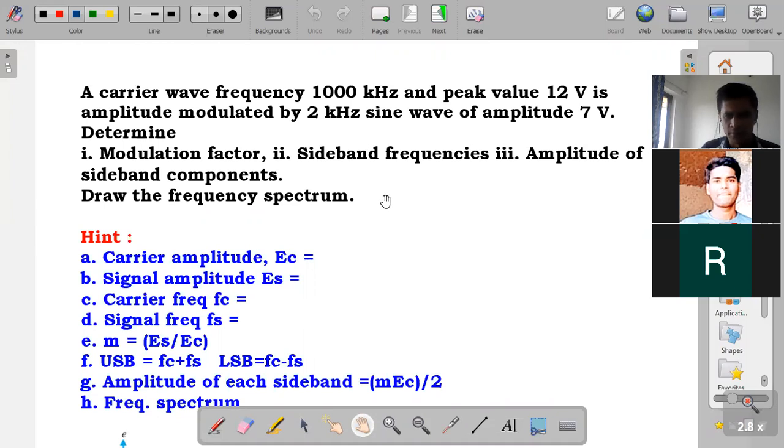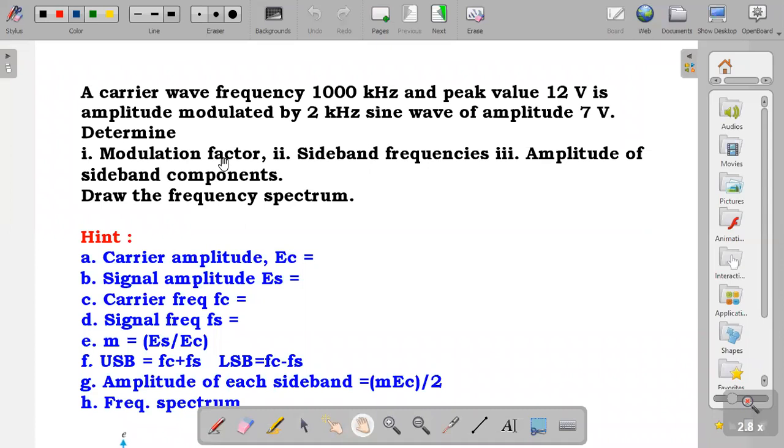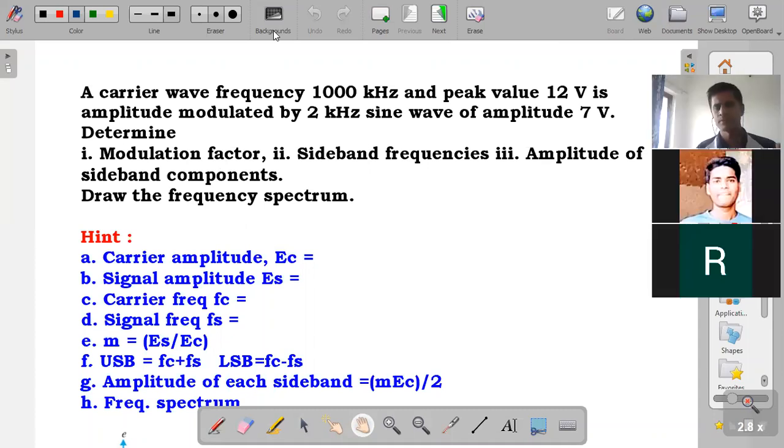Based on that, determine the modulation factor, small m, and the sideband frequencies, meaning upper side and lower side. In between them you will get the carrier frequency. Then the amplitude of sideband components, using the formula mEc/2, and then draw the frequency spectra.